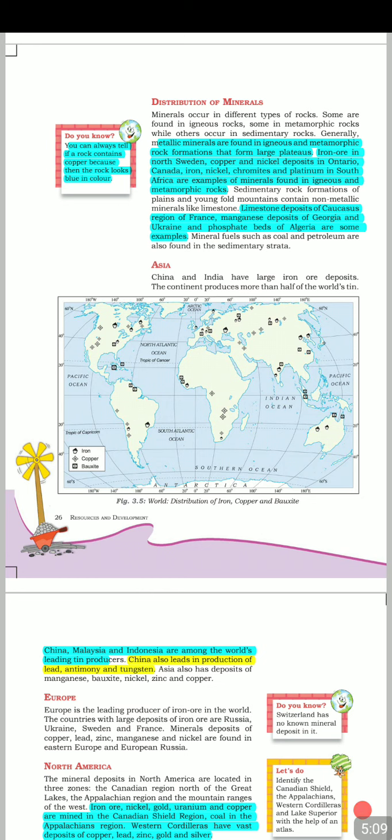And these have lots of deposits of oil and gas, right?